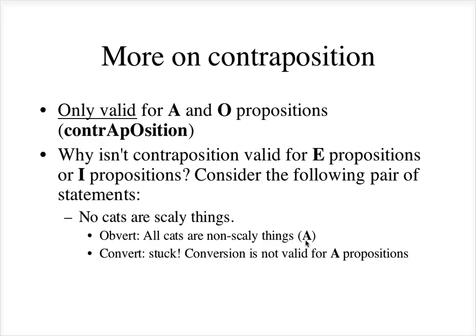Notice that when we try to convert it, we get stuck, because conversion is not valid for A propositions. So that's why we can't do contraposition on E propositions, because we can't get all the way through the sequence of obvert, convert, obvert.